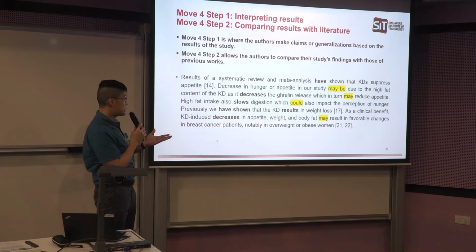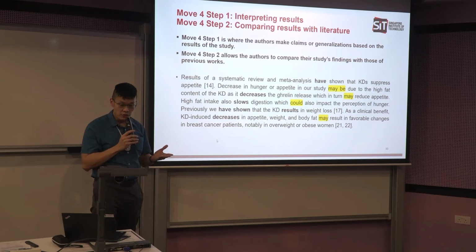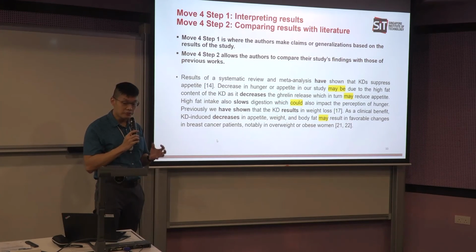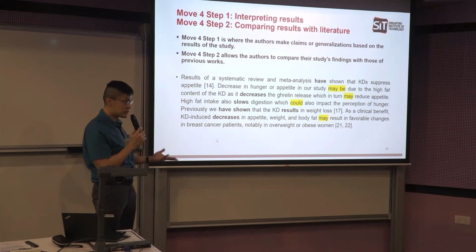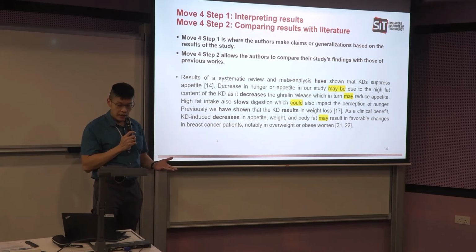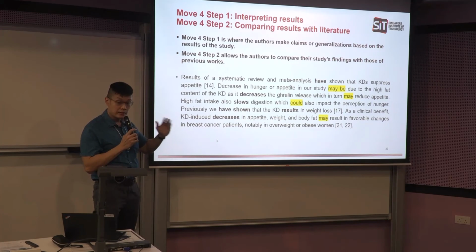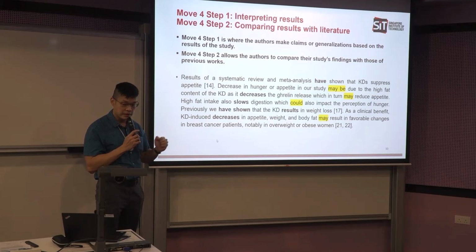Here, for example, the very first line, results of a systematic review, all right, with a meta-analysis, indicates to us that there is empirical backing, right? This is based on what previous studies have shown. And then they want to say that, really this is consistency between previous studies and the findings of this particular study.